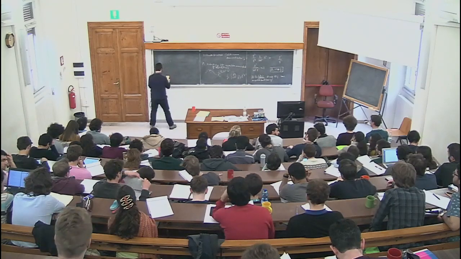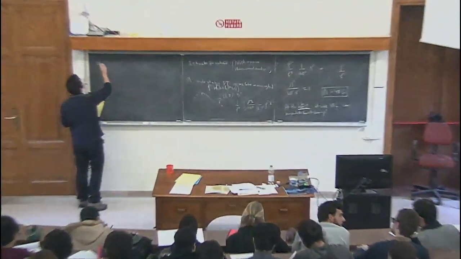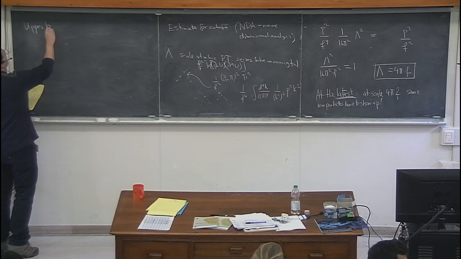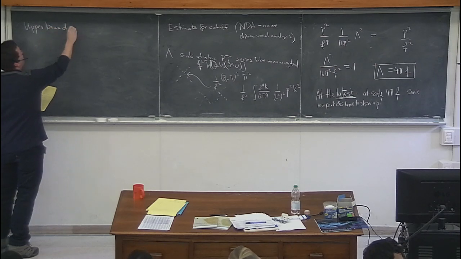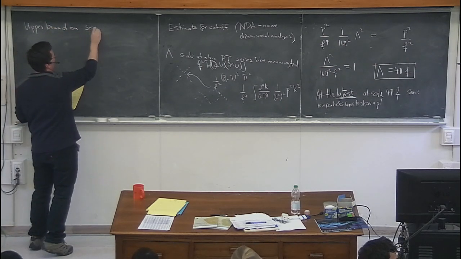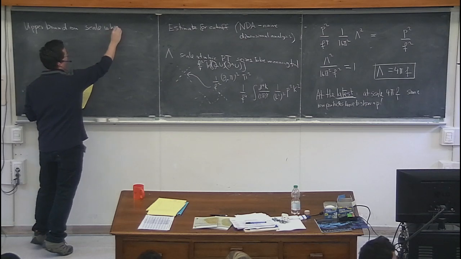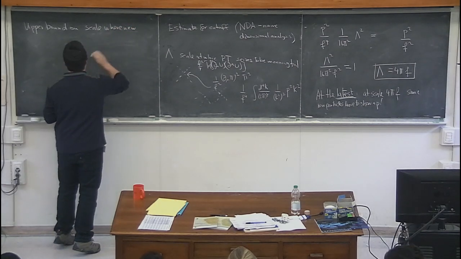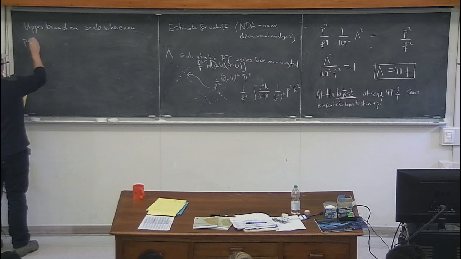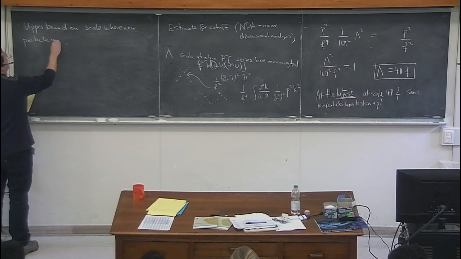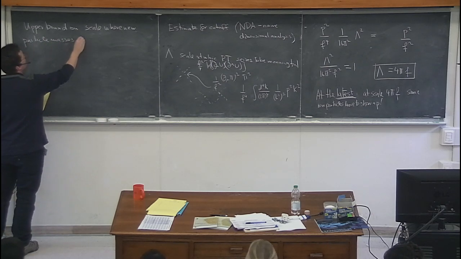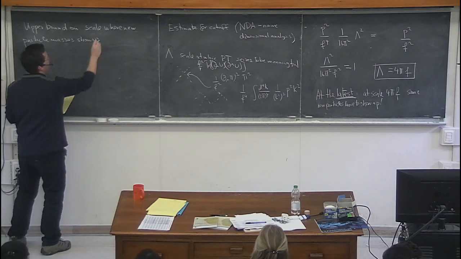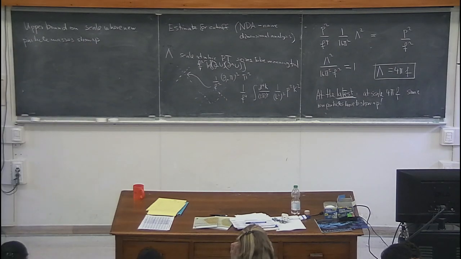So this is an upper bound on the scale where new particle masses show up. There could be new particles showing up earlier.